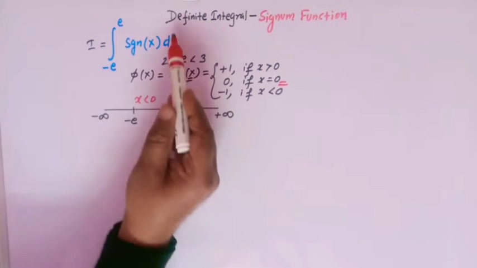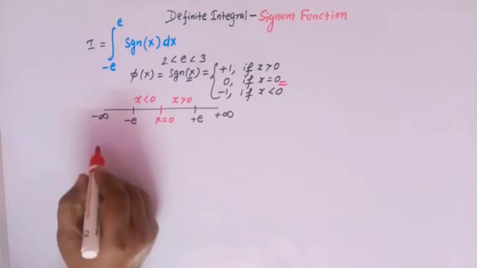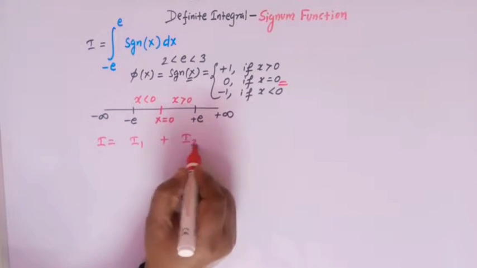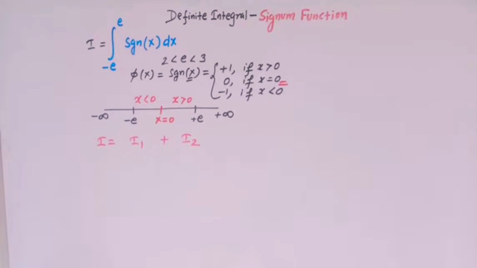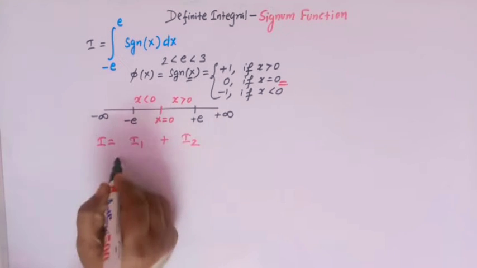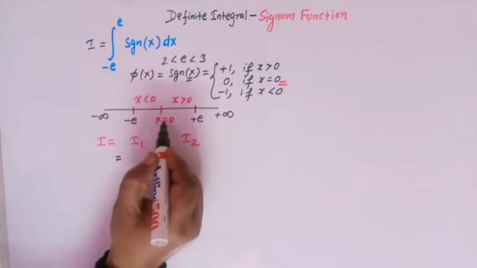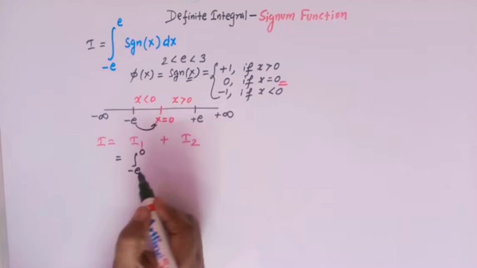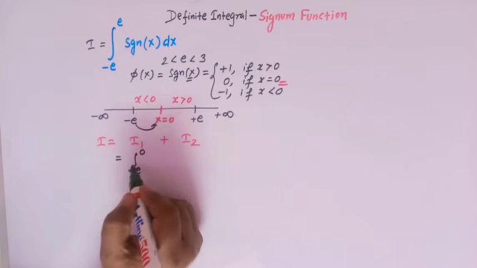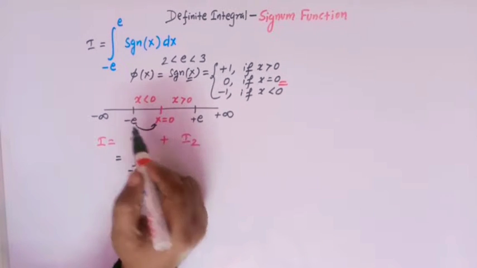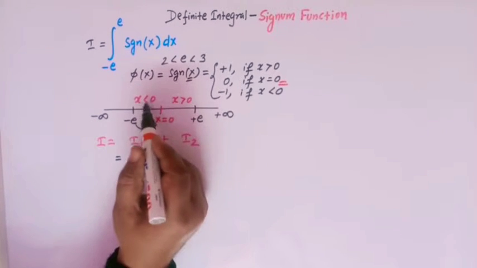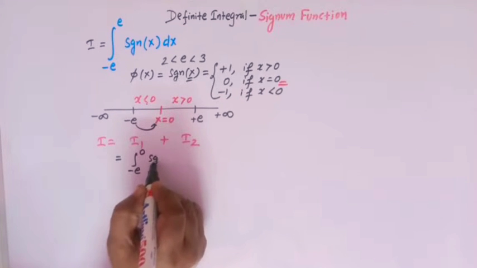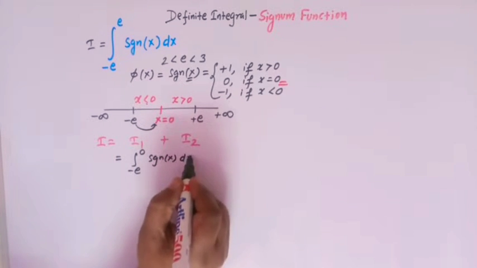So what we will do is split this integral I as a sum of two integrals, I1 and I2. I1 is from minus e to 0, because all the numbers which lie between minus e and 0 are less than 0, so we have signum of x dx.